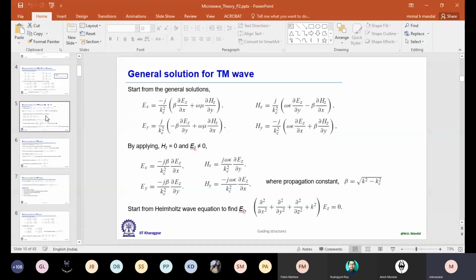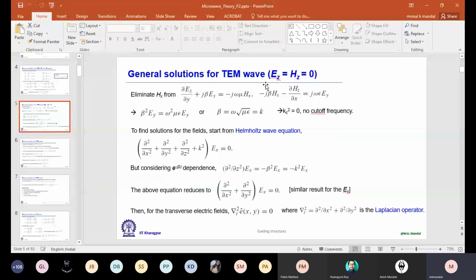Let us start with the TEM case. For the TEM case, it is transverse with respect to the direction of propagation. That means in the direction of propagation, the electric and magnetic field values are zero by definition. That is, Ez and Hz should be zero.